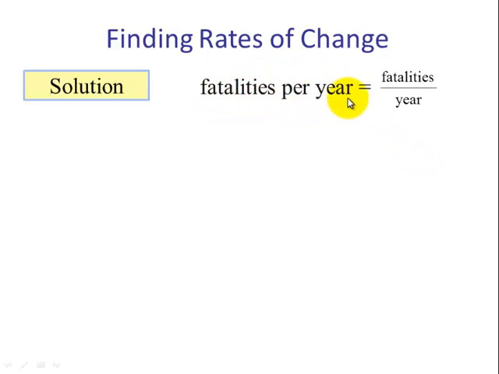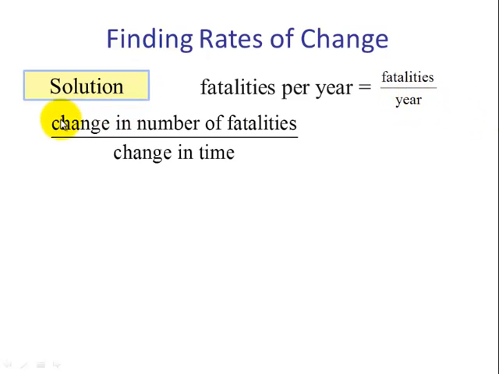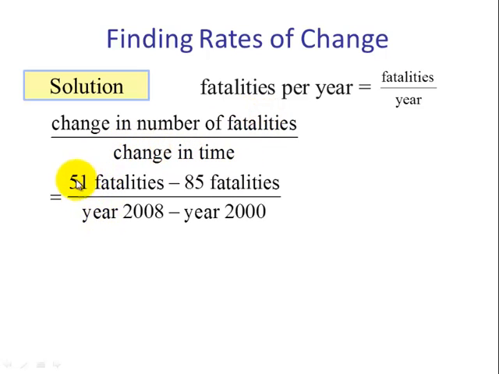Fatalities per year tells us the units for the y and the units for the x. So this is going to be our change in our y. This will be our change in our x. So we have 51 minus 85 over 2008 minus 2000, which gives us negative 34 fatalities over 8 years.